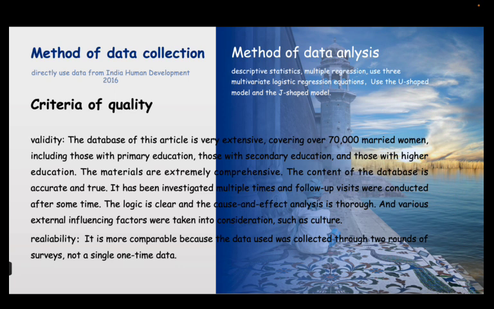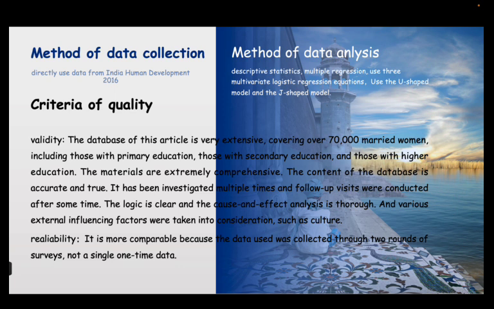The method of data collection of this article is directly using data from the India Human Development Survey 2016, and the method of data analysis is descriptive statistics, multiple regression, and three logistic regression equations, and then the U-shaped model and the J-shaped model.